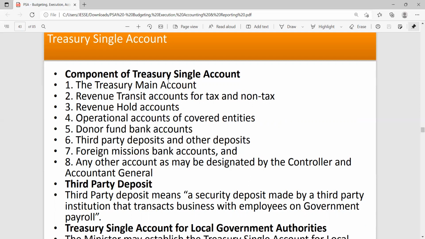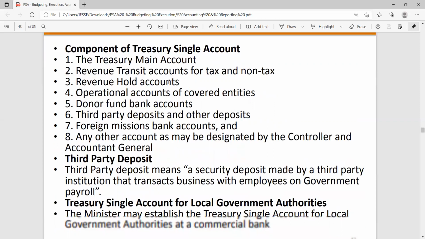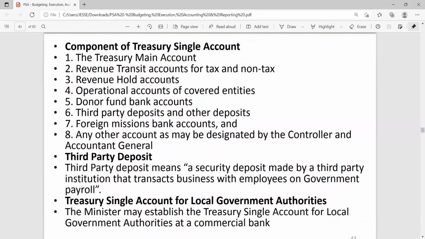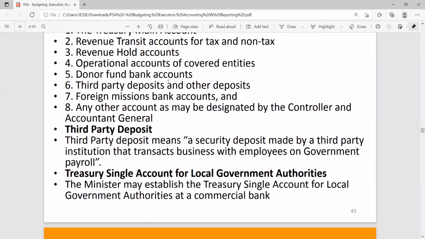We have third-party deposits and other deposits. We have foreign mission bank accounts and any other account that may be designated by the controller and accountant general. So these are the components of the Treasury single account. It's important to remember those.